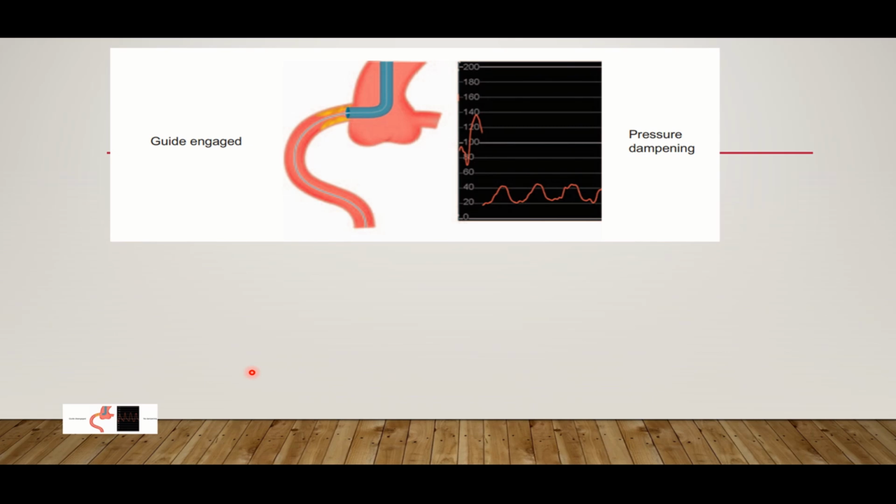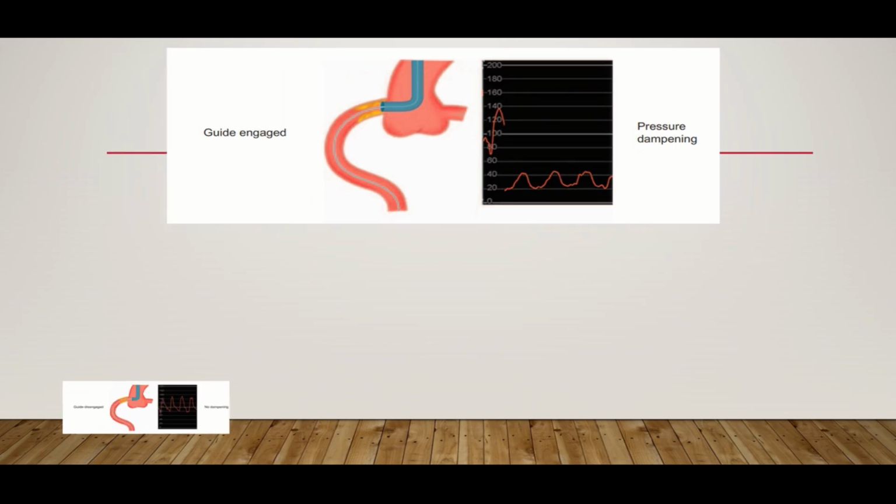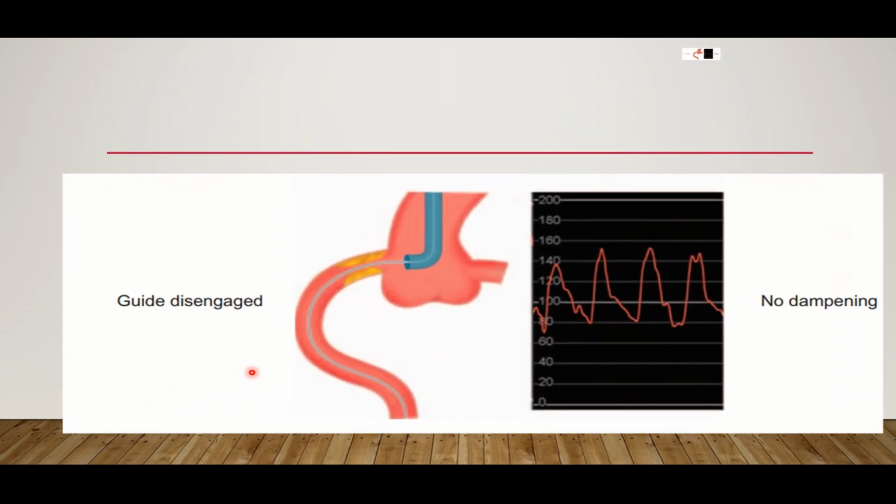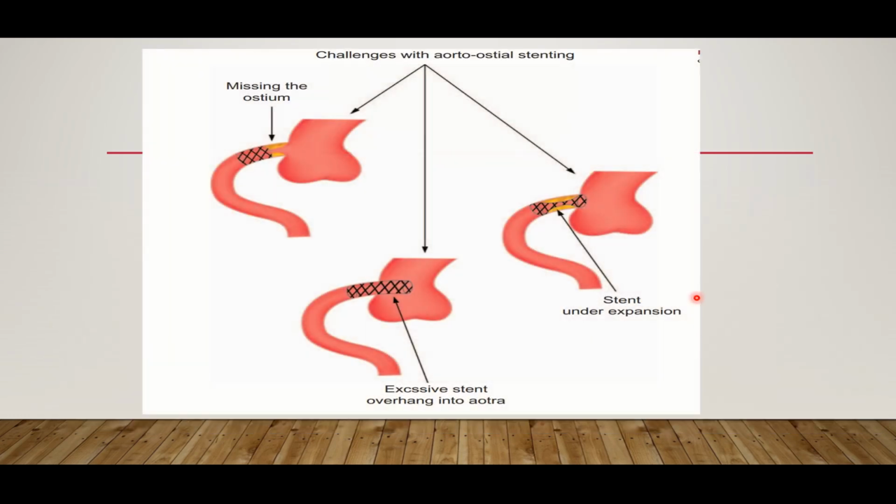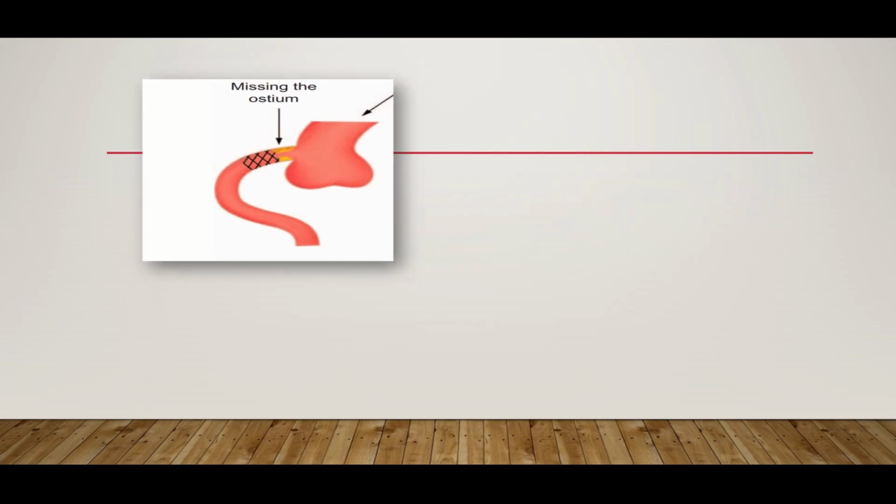So if there is an ostial lesion, for example in the RCA, there is a pressure dampening on guide engagement, and if you disengage the guiding catheter, no pressure dampening. So what are the other challenges with aorto-ostial lesions?